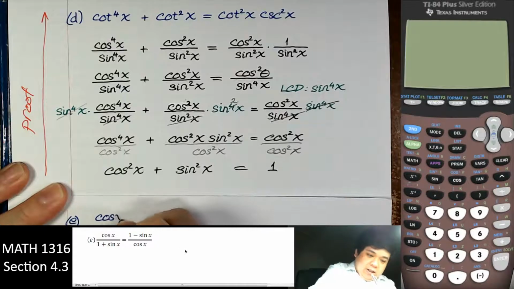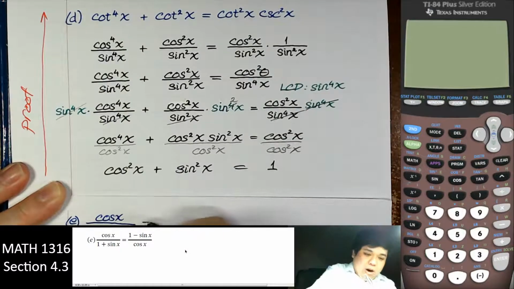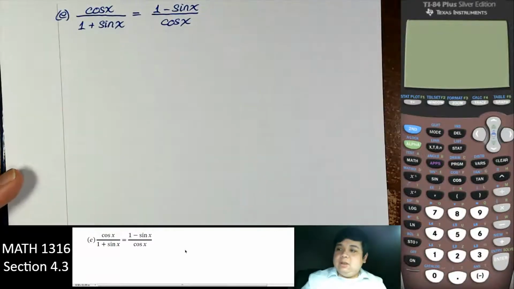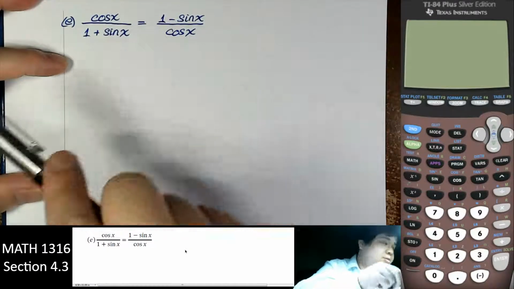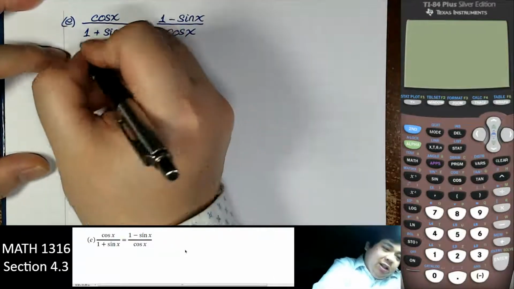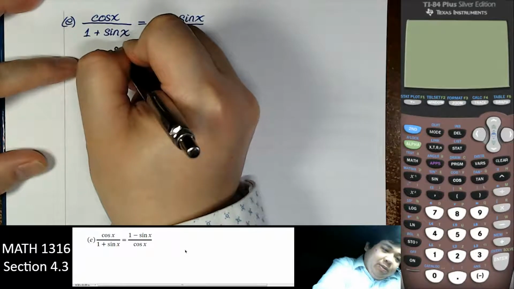Cosine of x over 1 plus sine x equal to 1 minus sine x over cosine x. Right, so first there's a fraction, so cross multiply. Cosine times cosine is cosine square.